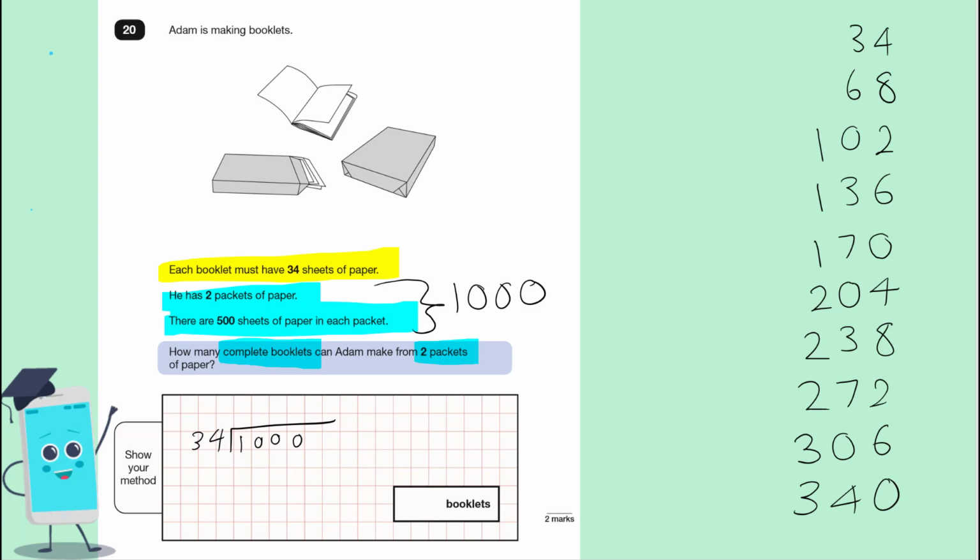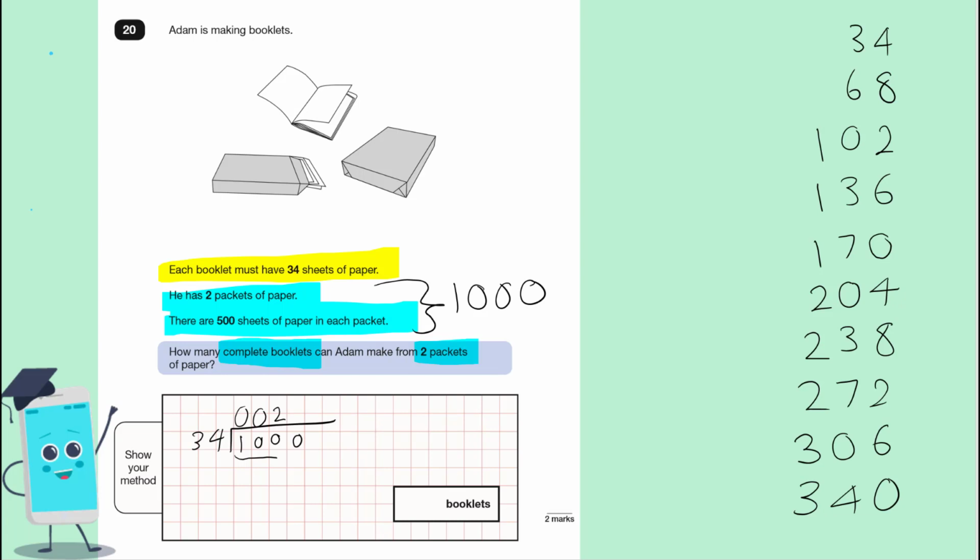Okay, so I've made my list of multiples and now I can start to divide. So 34 is not going to go into 1. 34 is not going to go into 10. How many times will 34 go into 100? If I go down my list, I can see it's only going to go in twice.